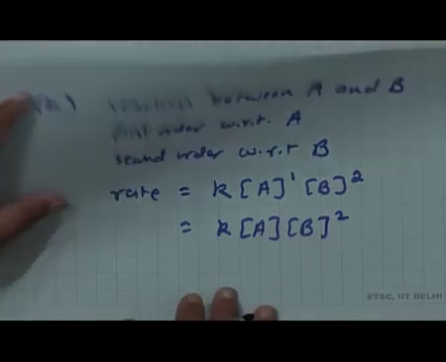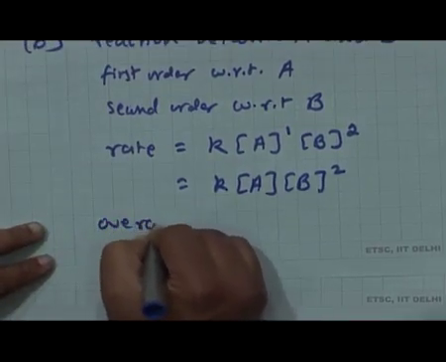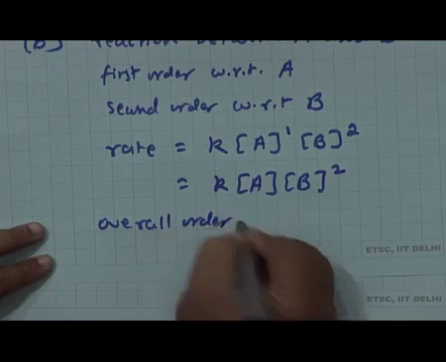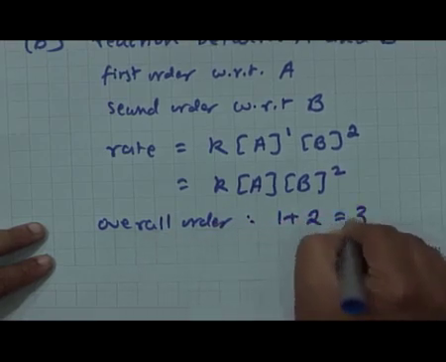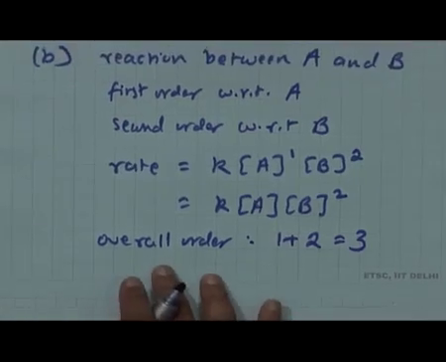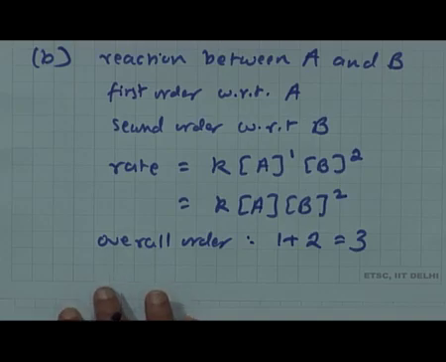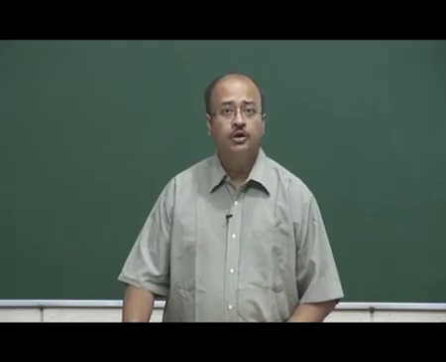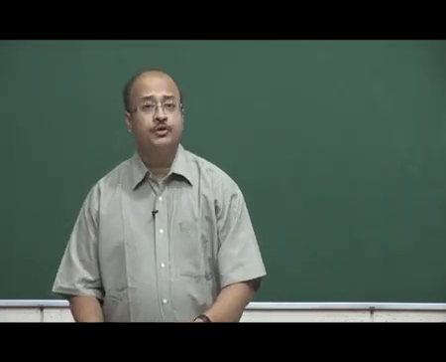Based on this I can write that the overall order of the reaction is 1 plus 2 equal to 3. Having discussed these, it should be straightforward to you why it is 1 plus 2 equal to 3, this being the overall or total order of the reaction.